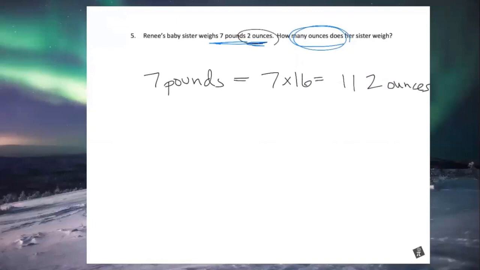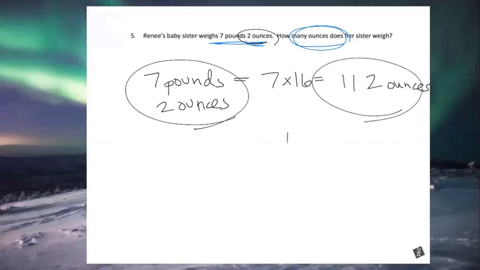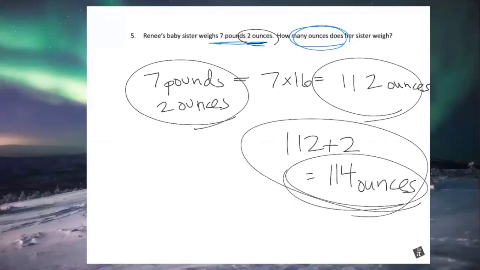And then we have an additional 2 ounces. So 7 pounds 2 ounces is going to be 112 plus an extra 2, which gives us 114 ounces. And so that is our answer right there. And we know that because of our previous slide where we had that conversion factor. Each pound is 16 ounces. So 7 times 16 plus an extra 2.